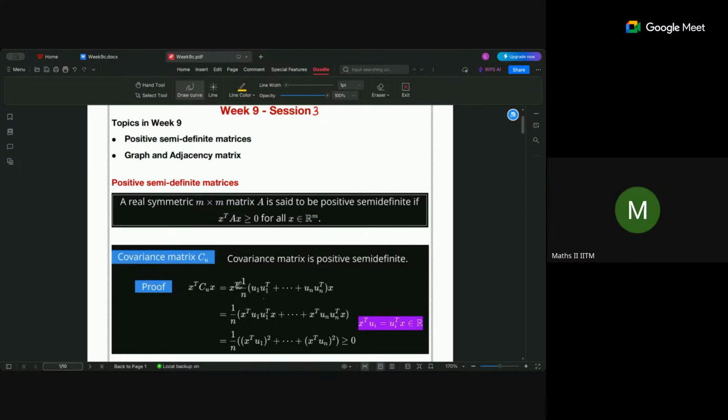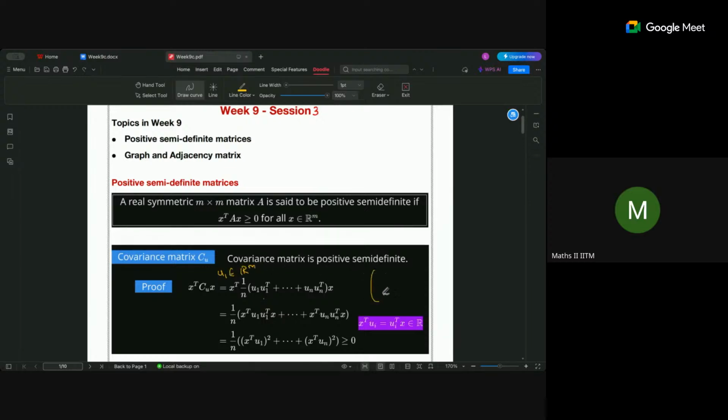So it means you take X transpose times the covariance matrix times X, and we have to prove that it is non-negative. Here 1 by n is a scalar, so you can take it out, and X transpose and X are multiplied to each of these matrices. Suppose u1 is a vector in Rm.